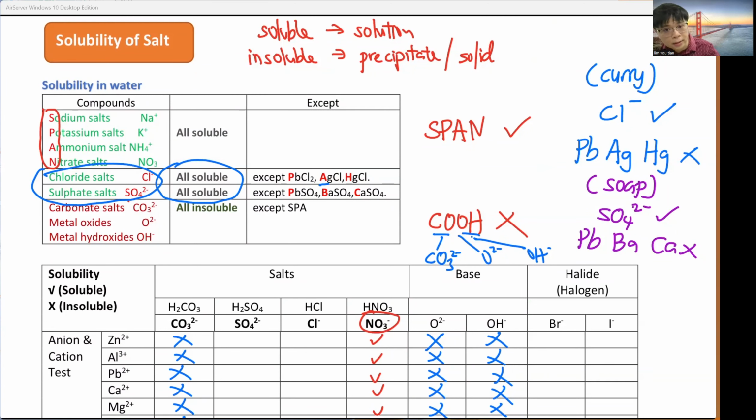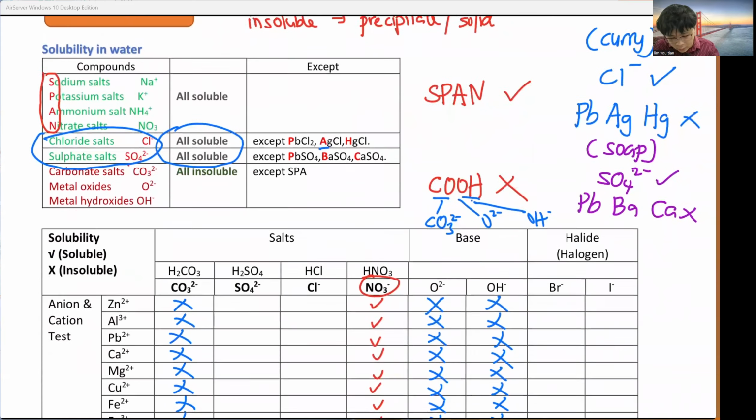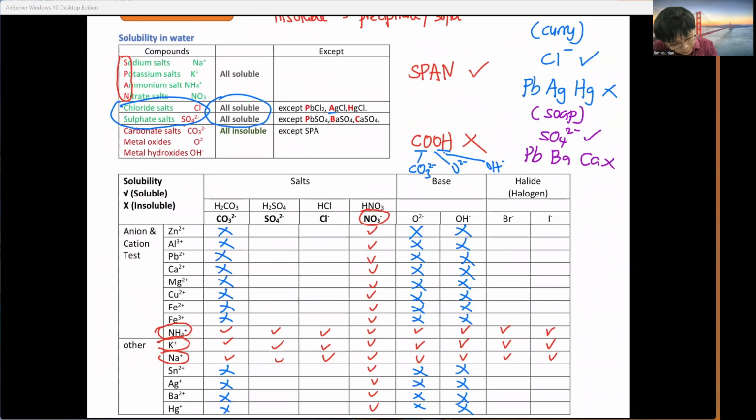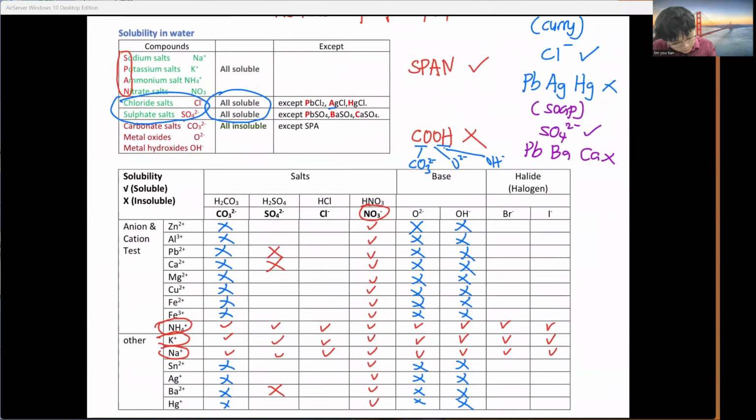So this is the first one. You can write down, for this side, who is not soluble? Persatuan Bahasa Cina, soup. So Pb, Ba, and Ca. Then chloride, who is not soluble?